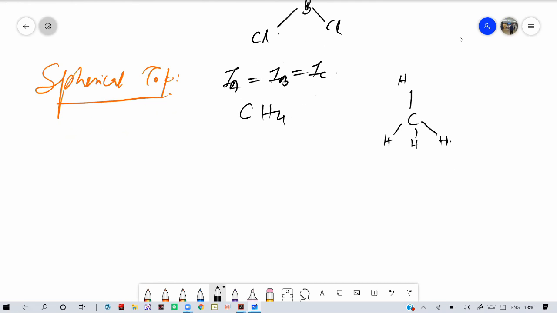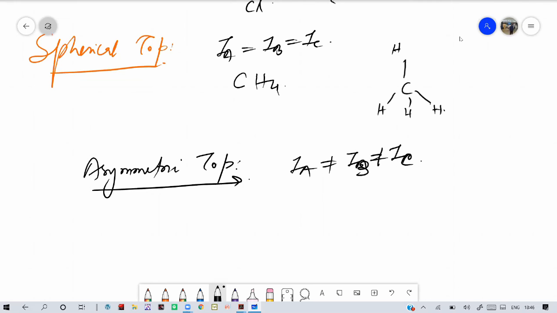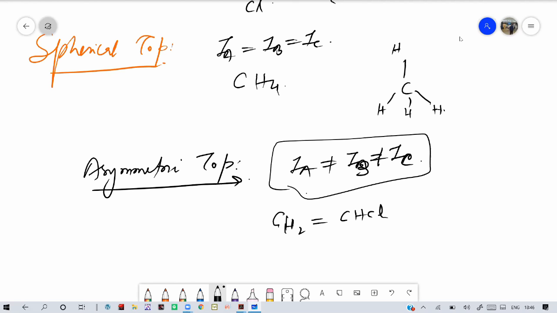Another case is the asymmetric top, and in this case no one moment is equal to another. The majority of substances belong to this category. For example, CH2 double bond CHCl, or water, is an asymmetric top.